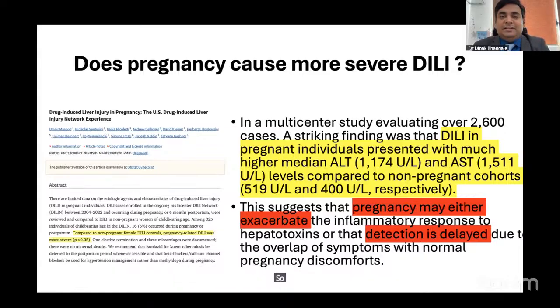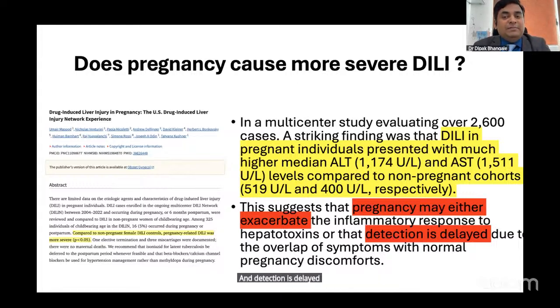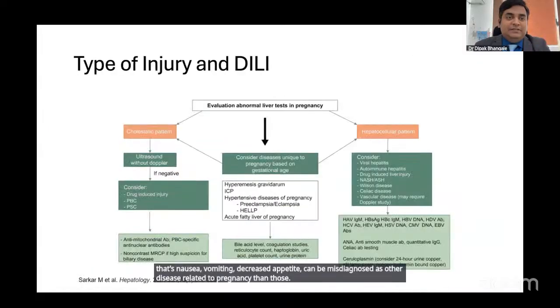Pregnancy is known to exacerbate the disease because the inflammatory response to hepatotoxins is high, and detection is delayed due to overlapping symptoms of normal pregnancy, such as nausea, vomiting, and decreased appetite, which can be misdiagnosed as other pregnancy-related diseases rather than drug-induced liver injury.